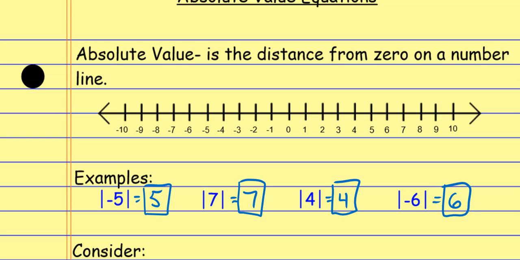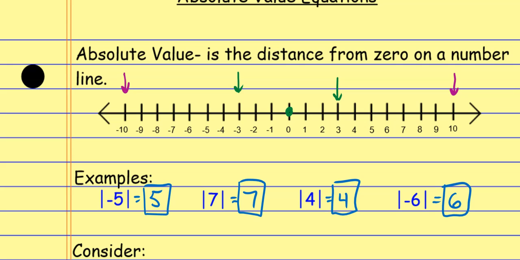Like if I looked right here at 3, that's the same distance from 0 as -3, right? See, if I'm starting at this value, those are each the same distance away. Or if I looked at +10, well, that's the same distance away as -10.